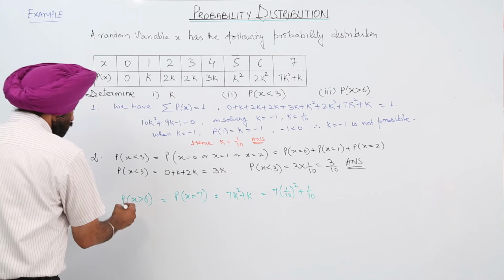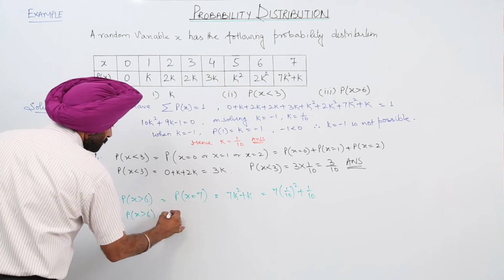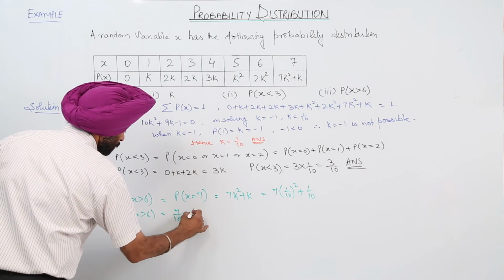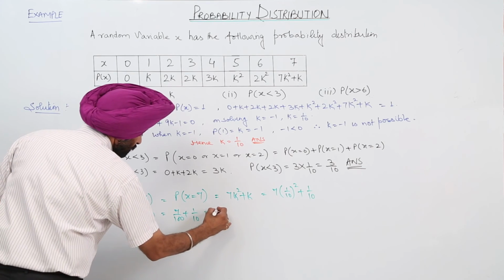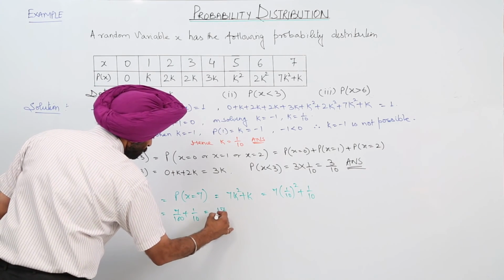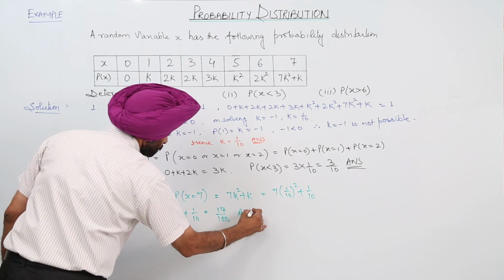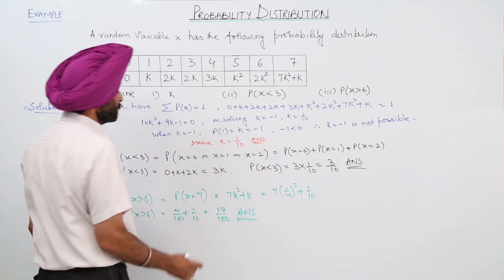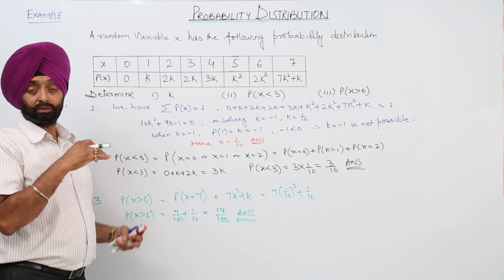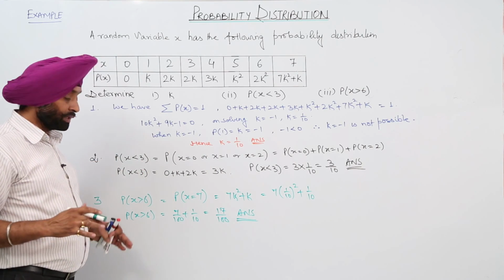Is it clear? So P(x greater than 6) is equal to 7 upon 100 plus 1 upon 10. Now, this becomes 17 upon 100. This is the answer. So, this is a very simple thing. It will make you understand probability distribution in a very simple way.